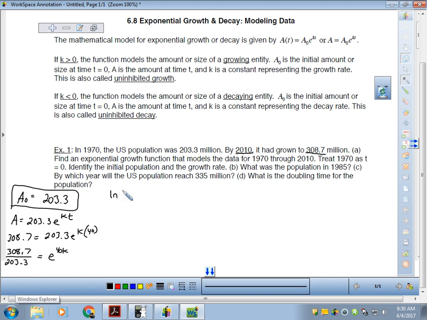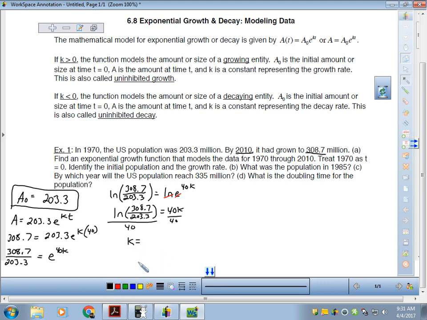So ln of 308.7 over 203.3 equals ln of e to the 40k. The ln and the e can cancel out. So ln of 308.7 divided by 203.3 equals 40k. And then I'm going to divide both sides by 40 to get my k value.